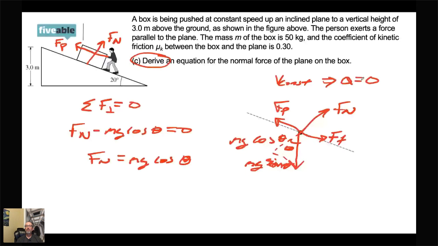If there's no acceleration, the two forces have to be equal and opposite. So you don't have to do that. If it said that it's accelerating up the hill, then you would, but in this case, we wouldn't have to.